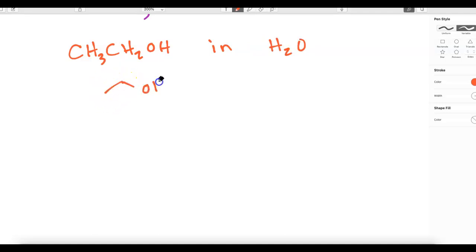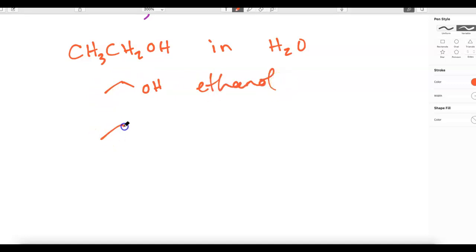And another thing that we looked at in the lab last week was things like alcohols. So let's say CH3CH2OH and water. Or the chain can get bigger and bigger. So this would be ethanol.